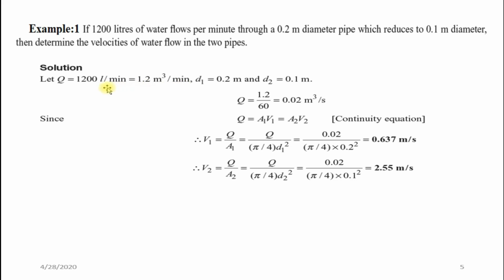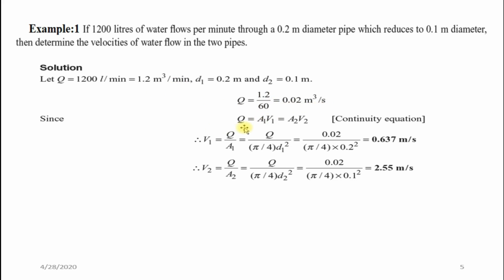For that, first you need to convert liters per minute to meter cube per minute. 1200 into 10 raised to minus 3 meter cube per minute, that is nothing but 1.2 meter cube per minute. So per minute to second is 1.2 divided by 60, that is 0.02 meter cube per second.